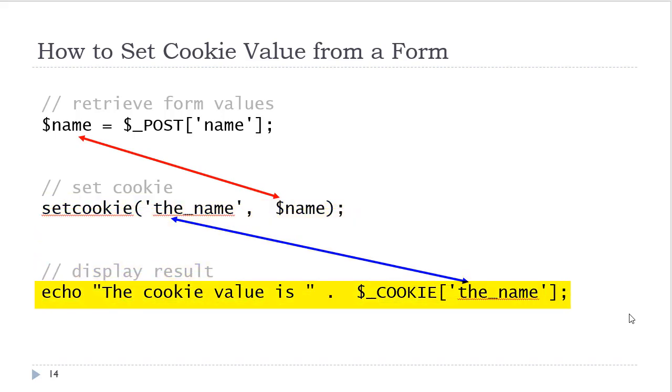And now when we echo back a result, we can concatenate with $_COOKIE the name, which is the name of the cookie, and it will return the value of that variable, which holds the value of the form element. I would like to point out that the $_COOKIE array will not return a value if it's inside the double quotes. You need to concatenate.